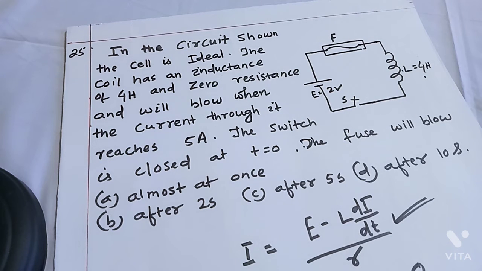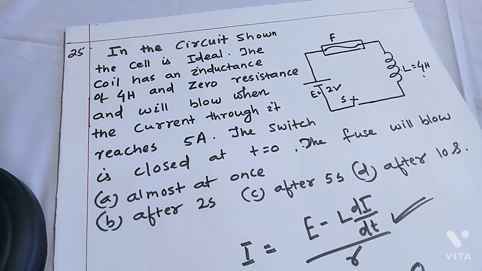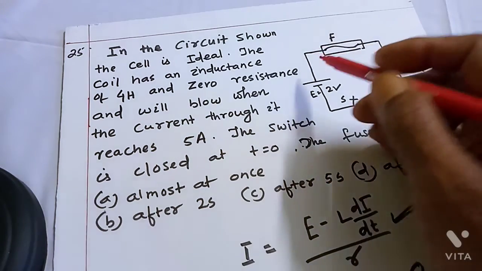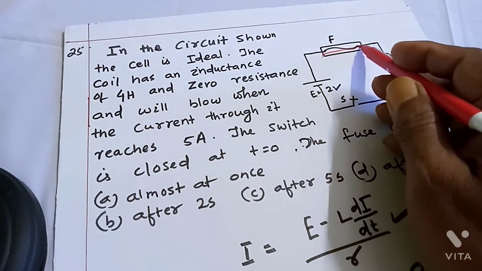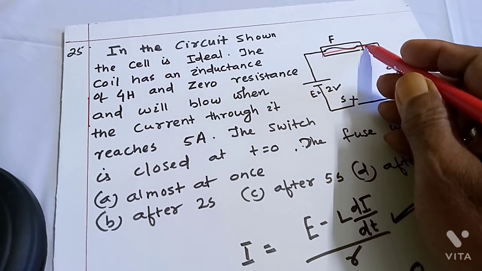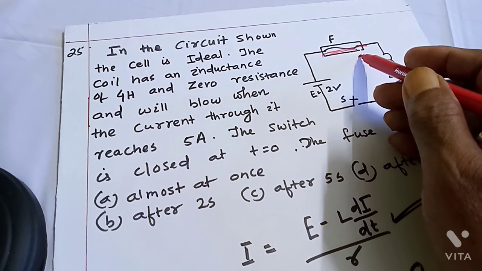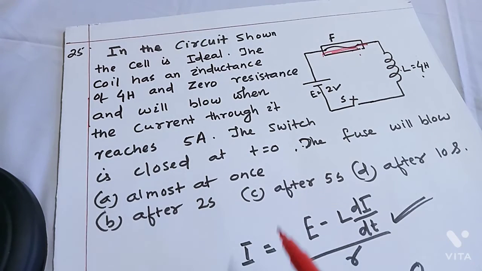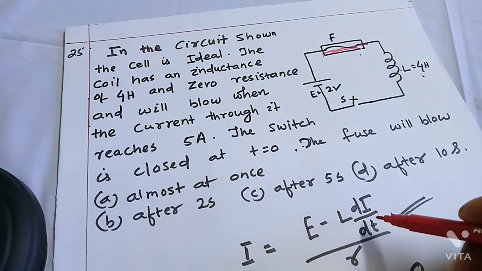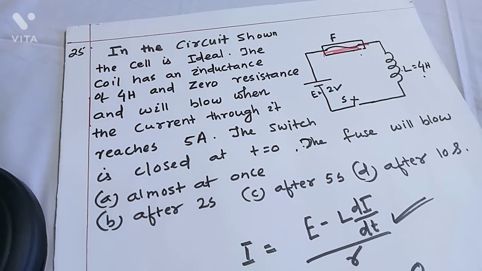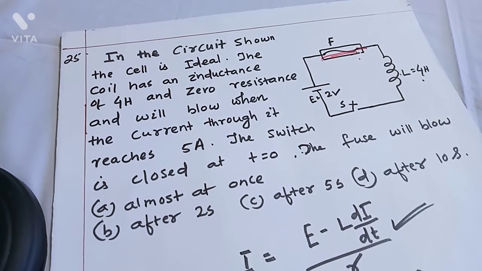The coil has an inductance of 4 Henry and 0 resistance, and it is connected in series with a fuse, and the fuse will blow when the current through it reaches 5 ampere. Now the switch is closed at time t equal to 0. The fuse will blow almost at once, after 2 seconds, after 5 seconds, or after 10 seconds.